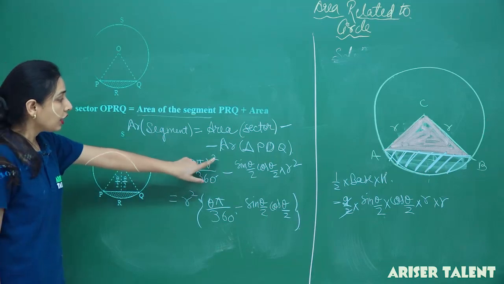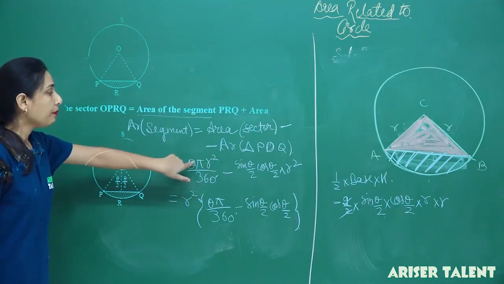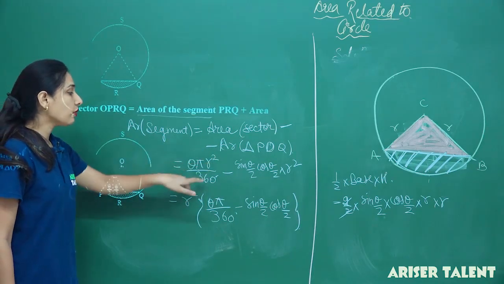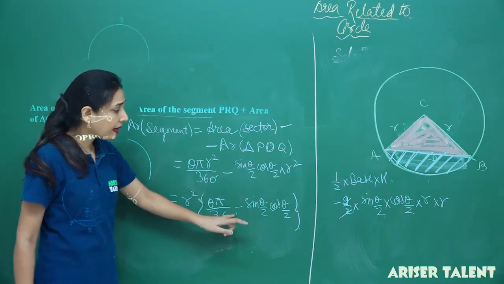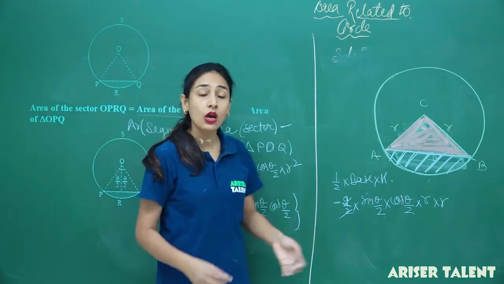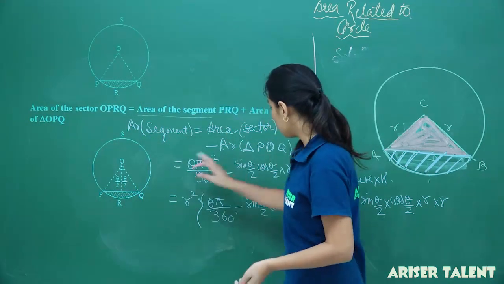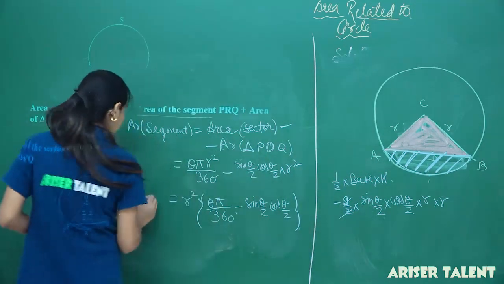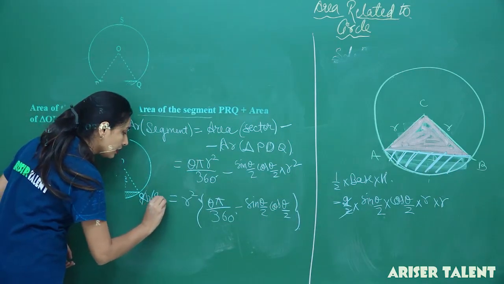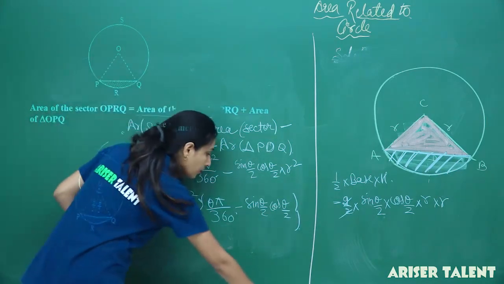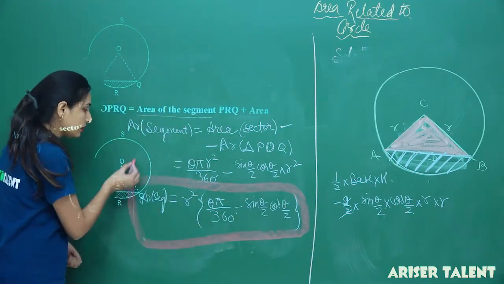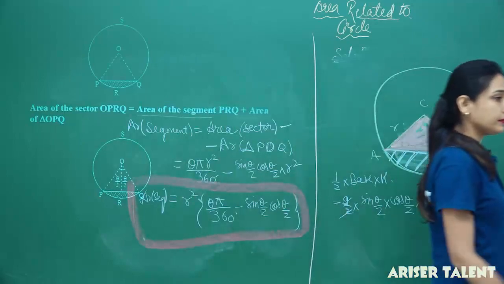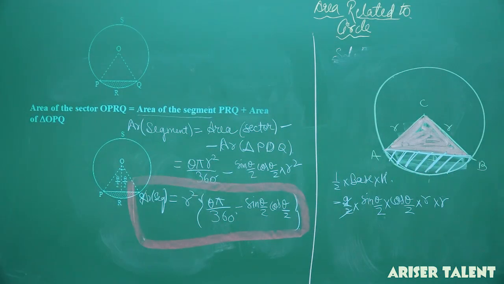You have learned that theta pi r square by 360, and you just have to remember to subtract sin theta by 2 cos theta by 2 r square from it. So this is your formula for area of segment. Learn it and note it down.